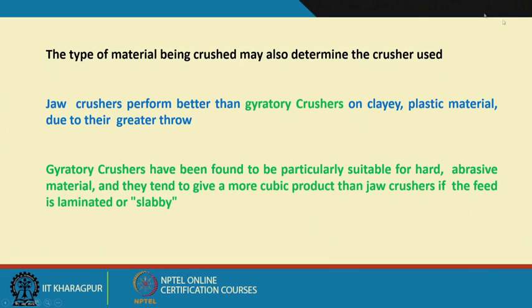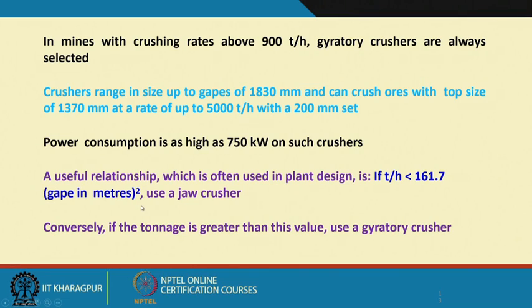So, when should I use a gyratory crusher and when a jaw crusher? One consideration is the capacity you want. For that, I have given you a relationship: if the tons per hour is less than 161.7 times the gap in meter squared, then use a jaw crusher.